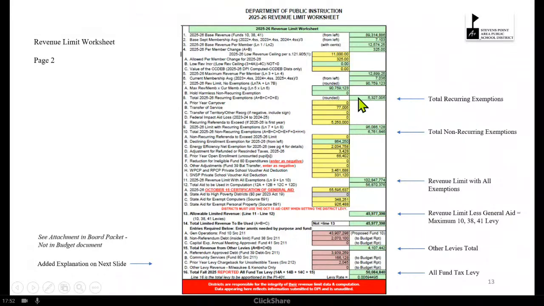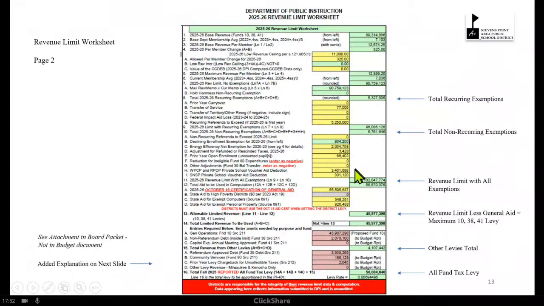Okay, over here we have our exemptions. These are our recurring exemptions. We have a little bit of transfer of service, and then we have our referendum for this year, the $5.25 million. Those are totaled right here. That gets added into the revenue limit with no exemptions, and now we're at about 96 million. Then we take our non-recurring exemptions, that's these here.